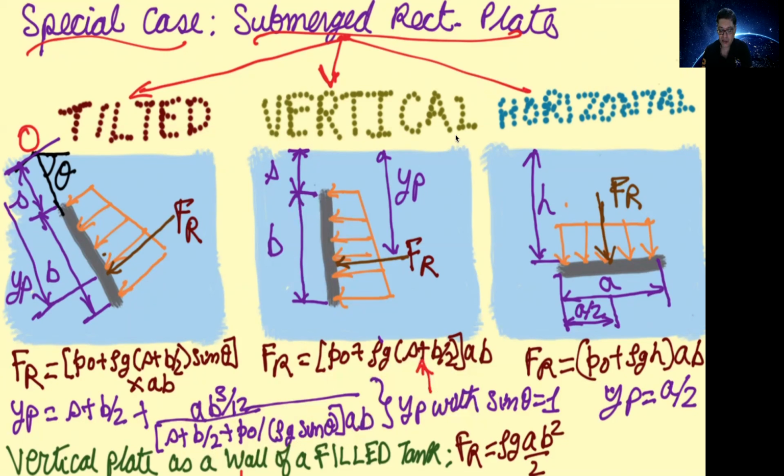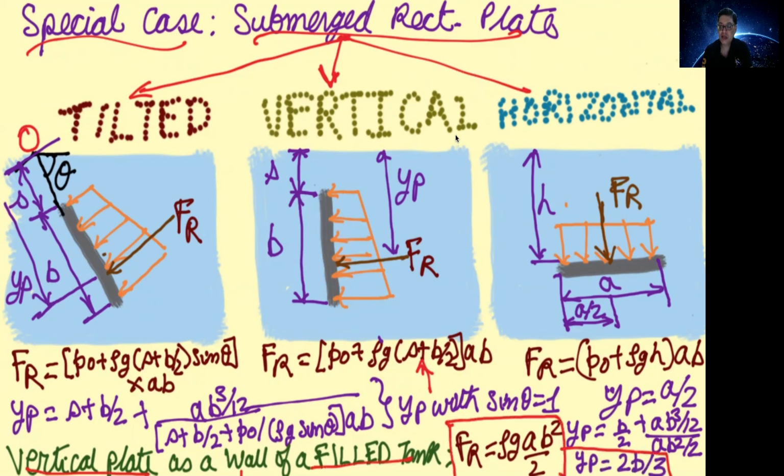So it becomes a b square by 2 in the denominator as shown here. B by 2 plus a b cube by 12 divided by a b square by 2. So a b square cancels down from the numerator and denominator and you get b by 6. So it's b by 2 plus b by 6, which becomes 2b by 3 as shown here.